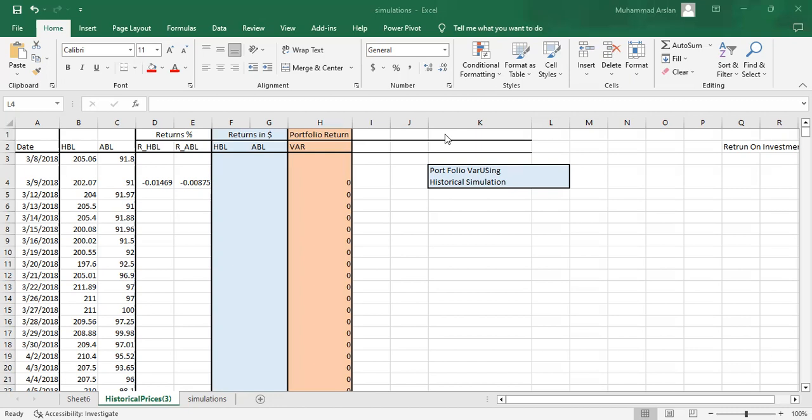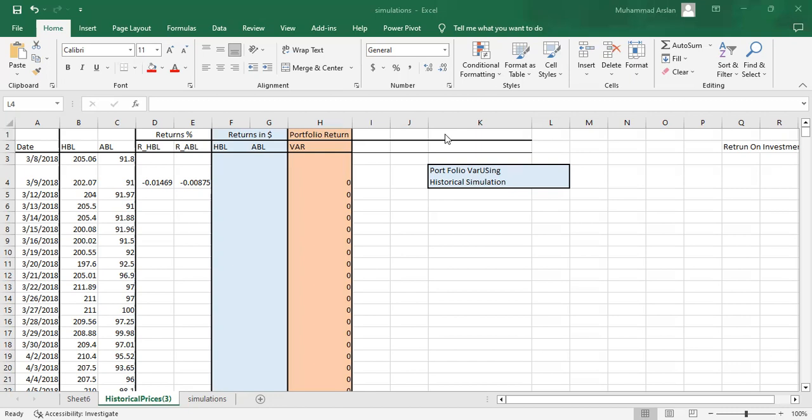So in today's lecture we're going to compute the value at risk using the historical simulation approach and also using the Monte Carlo simulation approach. For the historical simulation approach, you need some historical data of any asset, any security. Like in today's class, we are going to measure the value at risk for a portfolio.